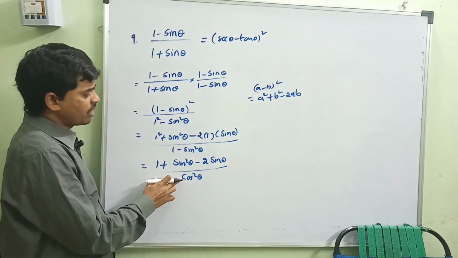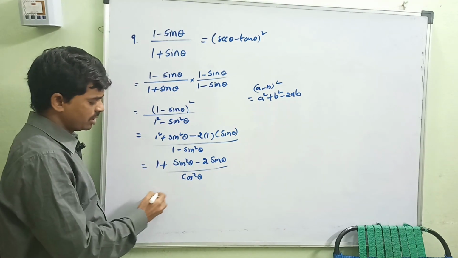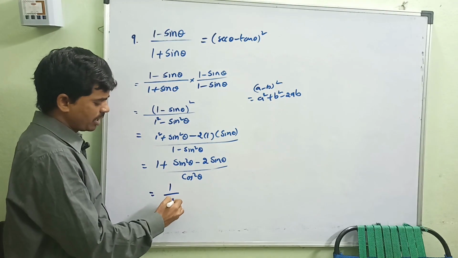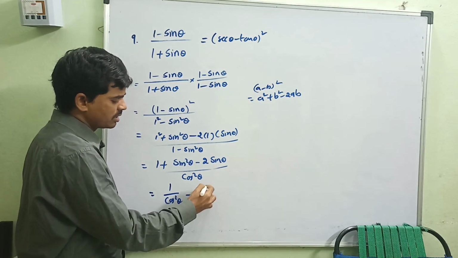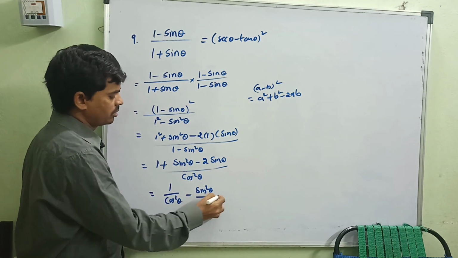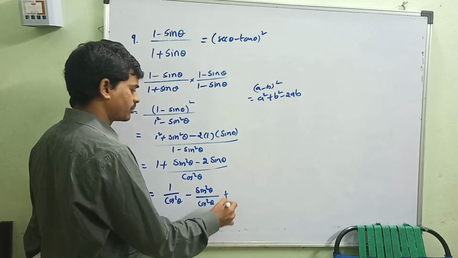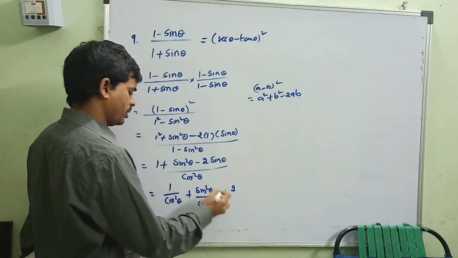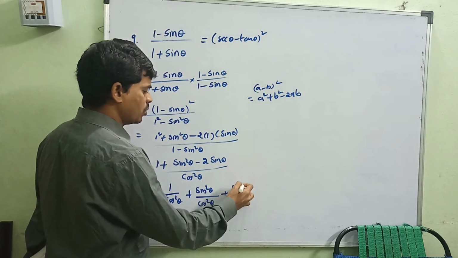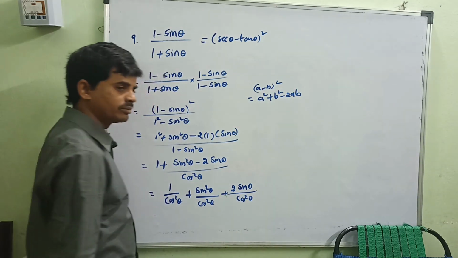Now this cos square theta we have to write under each term of the numerator: 1 by cos square theta, next sin square theta by cos square theta, and next 2 sin theta by cos square theta.